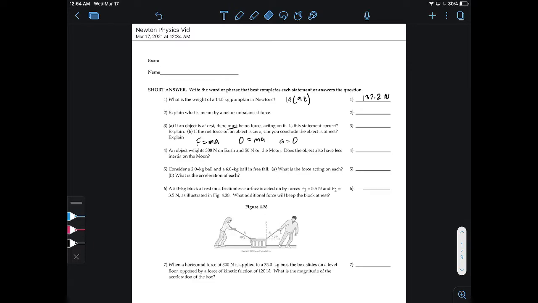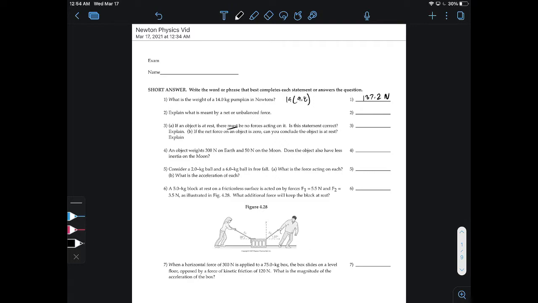So the acceleration is equal to 0, but one thing we have to note is that it can already be moving at a velocity. So we can conclude that the object is at rest or at a constant velocity. In other words, its velocity isn't changing, because if there's no net force, there's no acceleration, but that's all we can say.